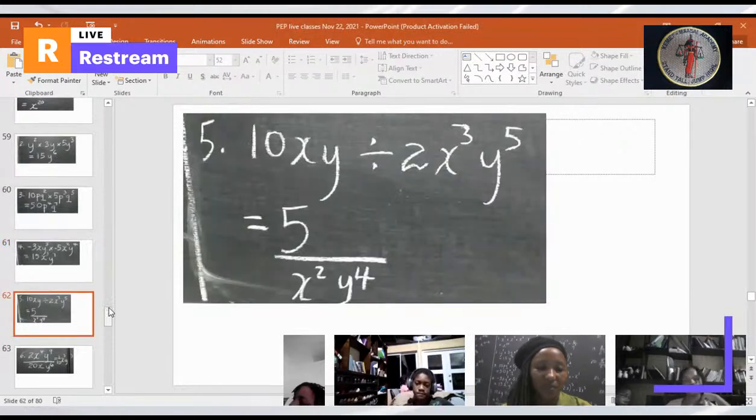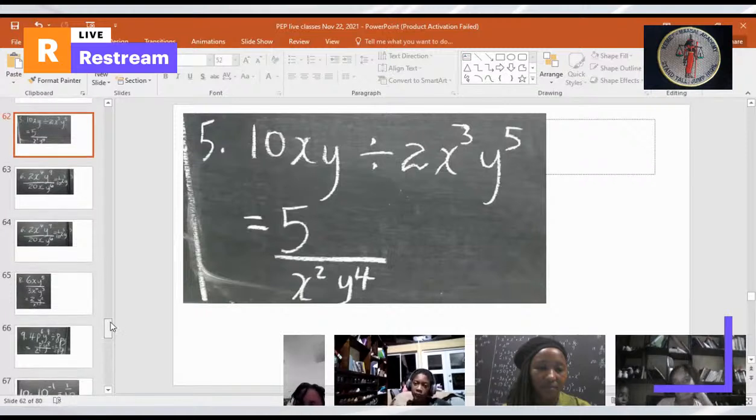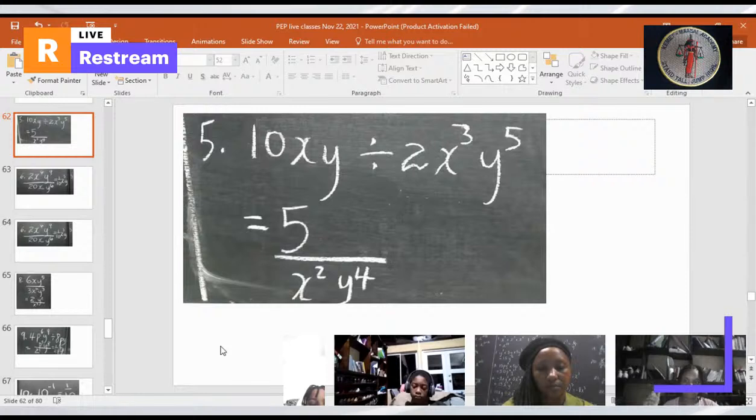Number 5. 10xy divided by 2x cubed and y to the fifth power. So 10 divided by 2 would be 5. For the rule, when you're dividing and you have the same base, you subtract the powers.